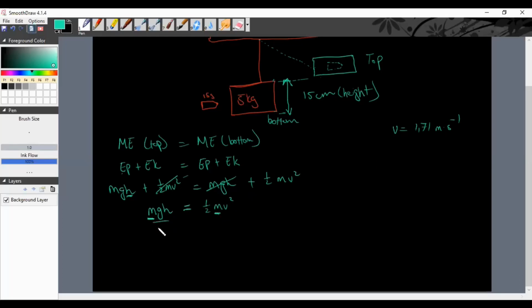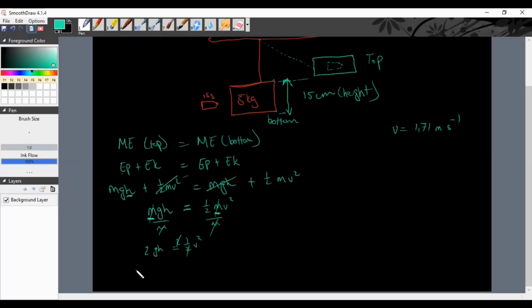So divide by M, divide by M. I'm left with only GH is equal to half V squared. I want to get rid of this little half, so I'm going to multiply by 2. I'm sure everybody knows how to do an equation by now. What I do to the one side, I do to the other.